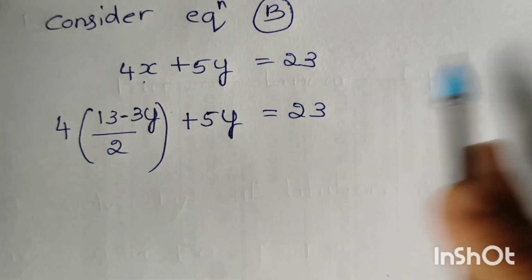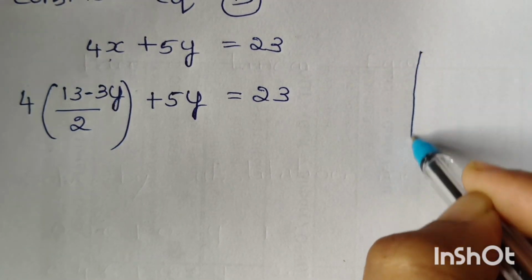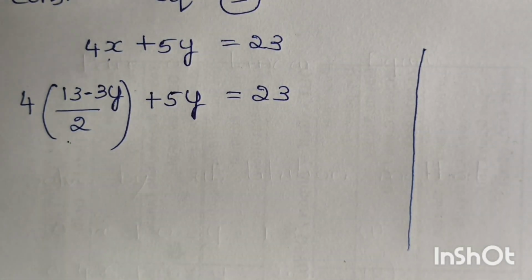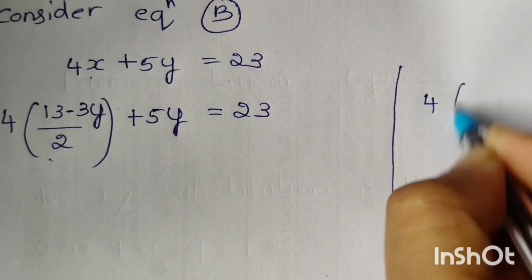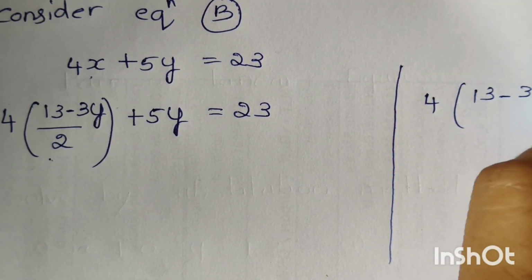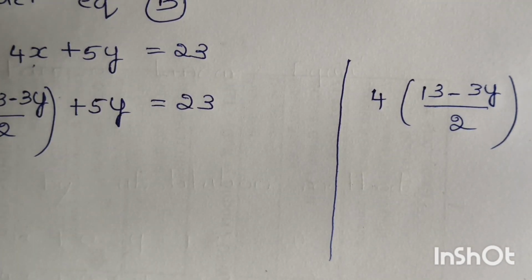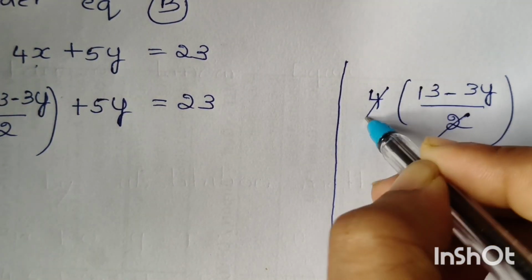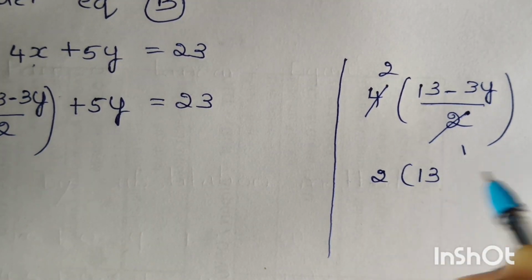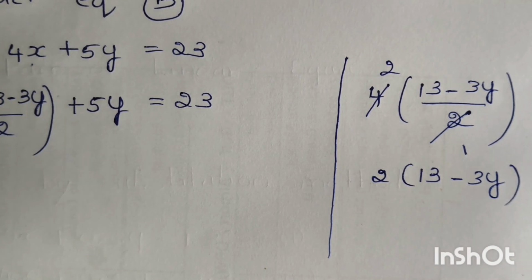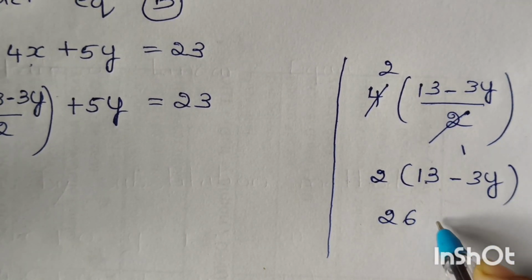Now let me simplify this here. See this carefully. I am simplifying here. You can do it directly. 4 into 13 minus 3y divided by 2 is what? Here it will get cancelled. 2 1s are 2, 2 2s are 4. Then it will become 2 into 13 minus 3y. 2 13s are 26.